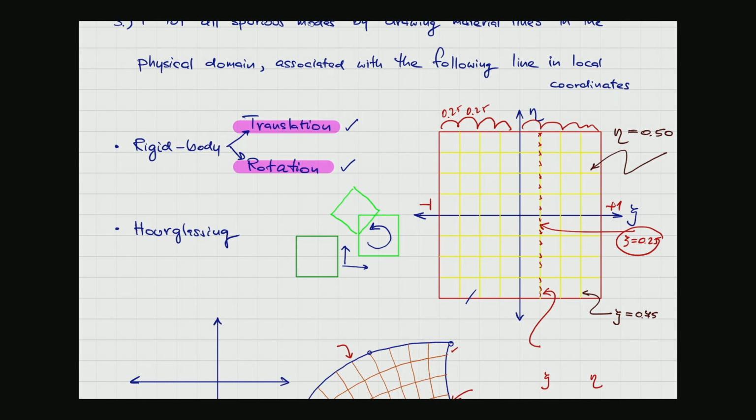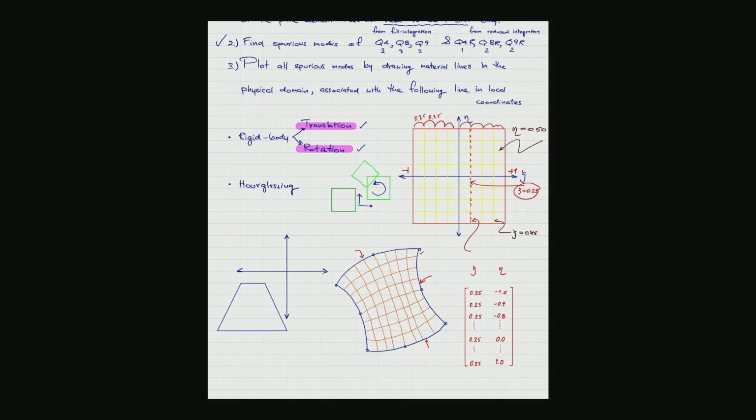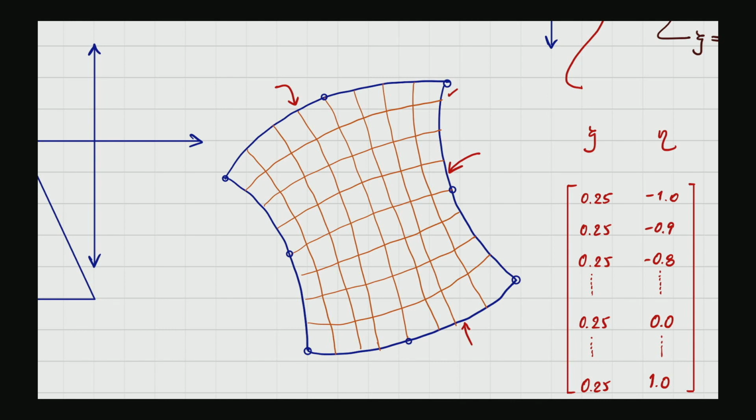It is a horizontal line in computational coordinates, but it's not going to be a horizontal or straight line like the yellow one you saw when we talked about the physical coordinates.